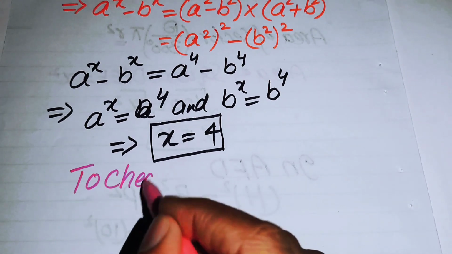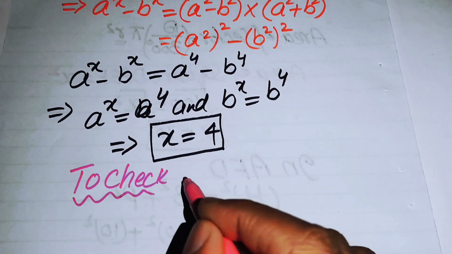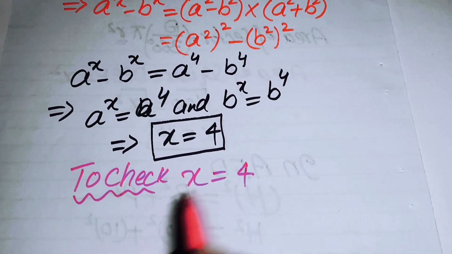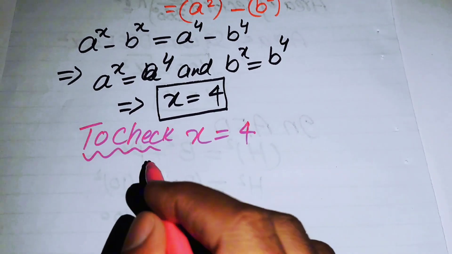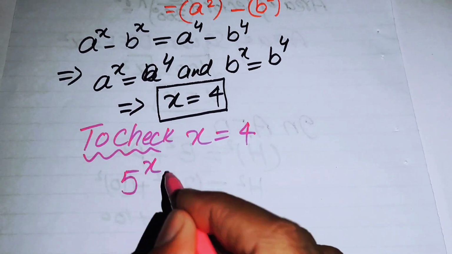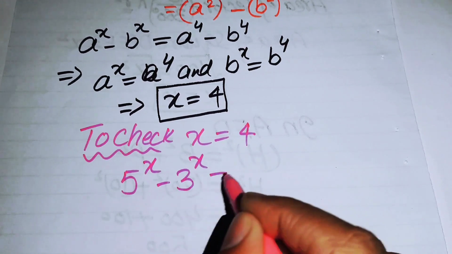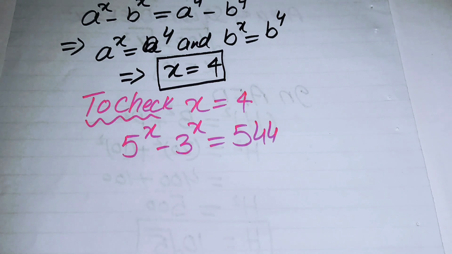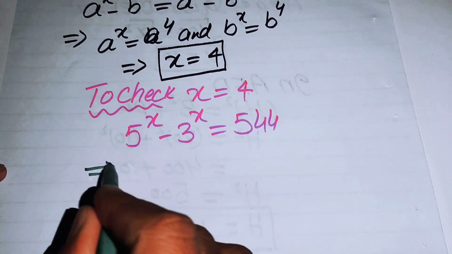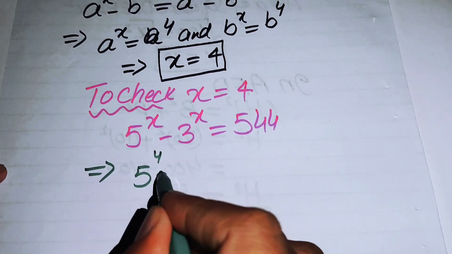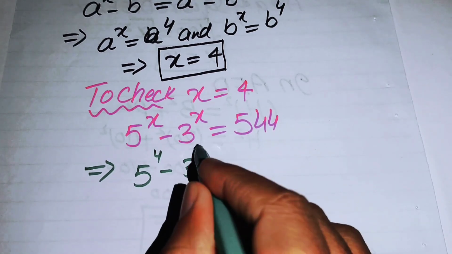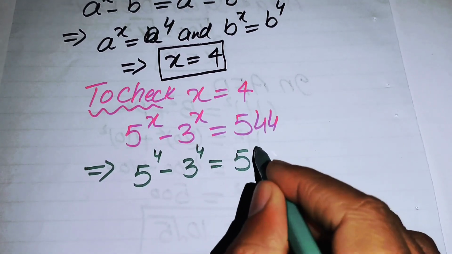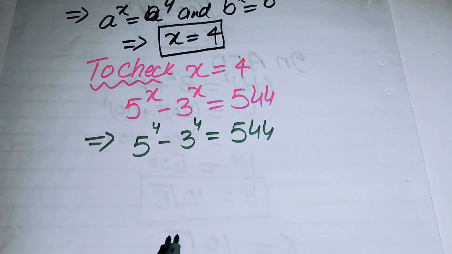To check, we substitute x equals 4 in the given question statement, 5 to the power of x minus 3 to the power of x equals 544. Plugging in the value of x, you get 5 to the power of 4 minus 3 to the power of 4 equals 544.